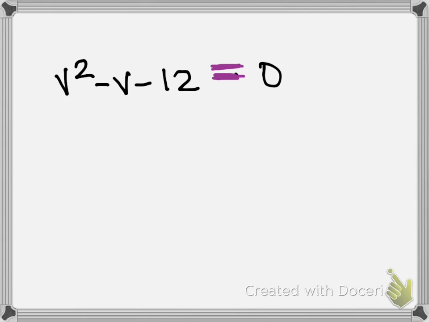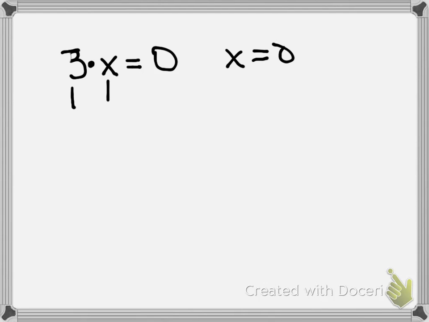Now, let me do a little side note real fast. If you had 3 times x and you knew that equaled 0, what does x have to be? X has to be 0, because when two things are multiplied together, if one of them is 0, your whole product is 0.